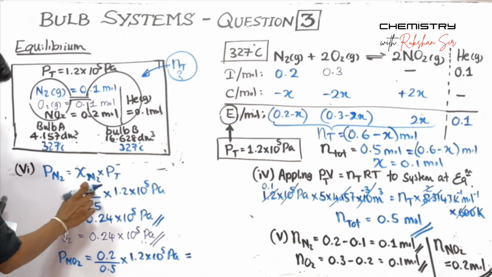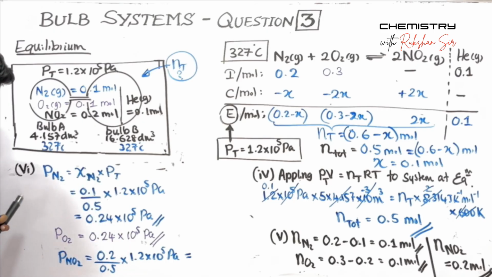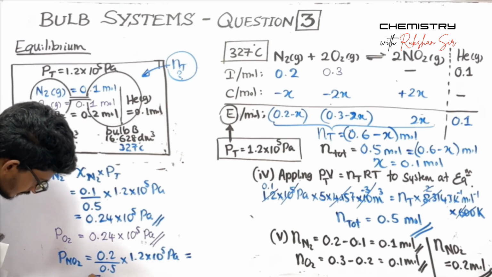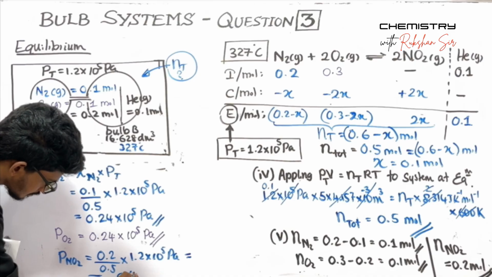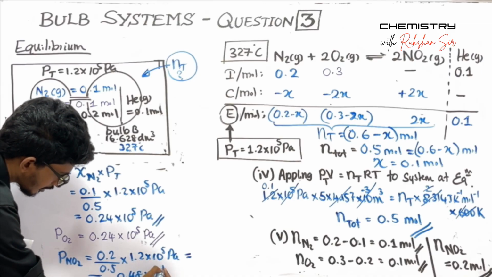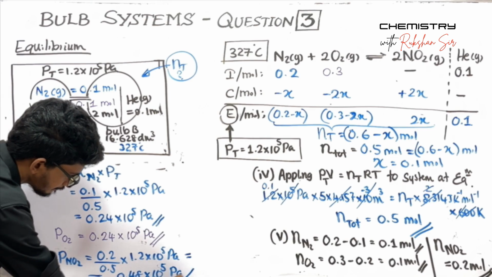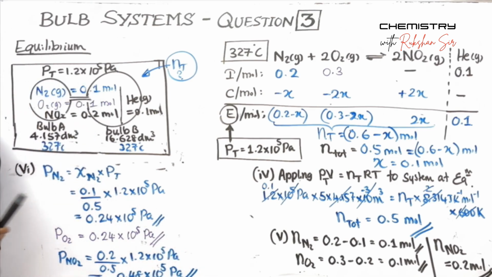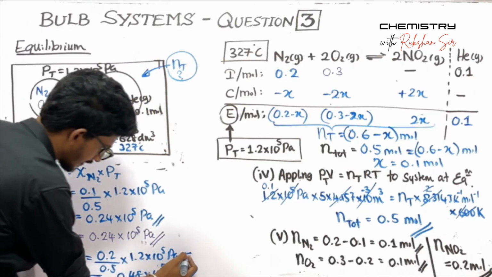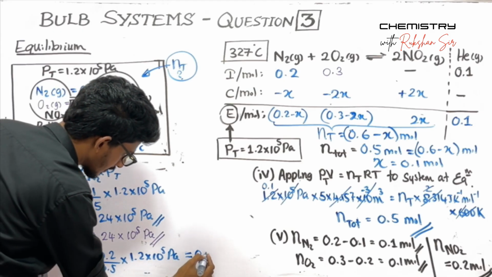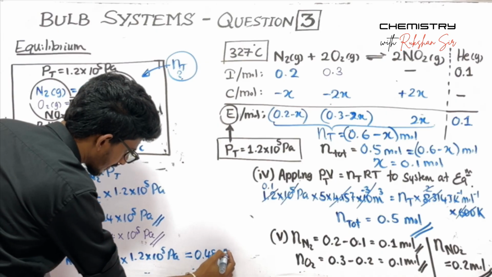Twice of this value, that is going to be 0.48 into 10 to the power 5 pascals.